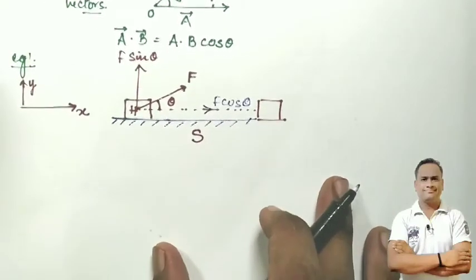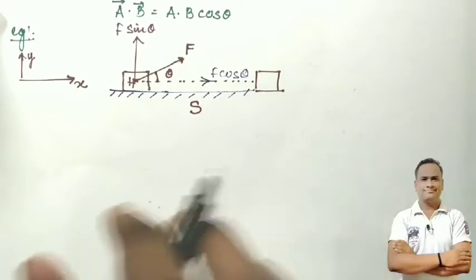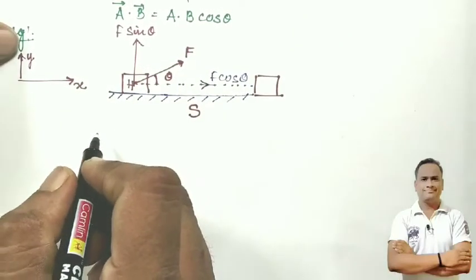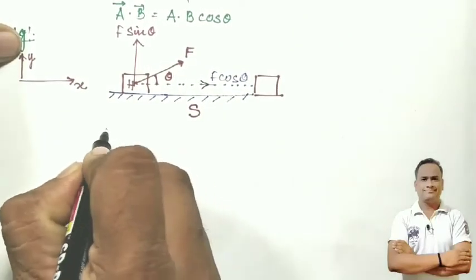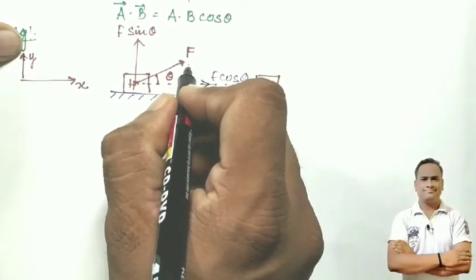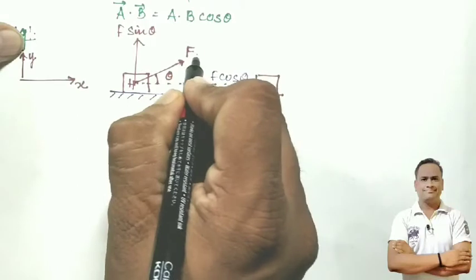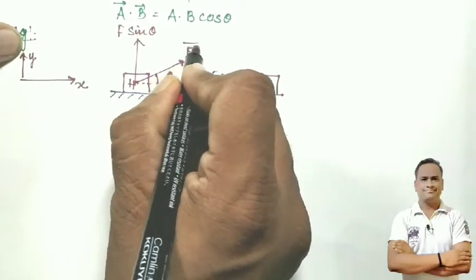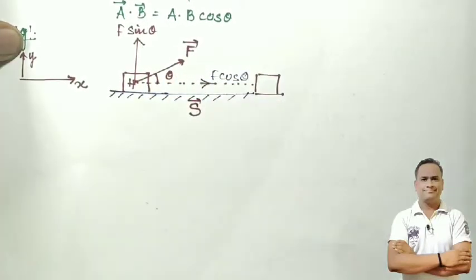So how can we give the expression of work done? As we know, force is a vector quantity, and the displacement is also a vector quantity.